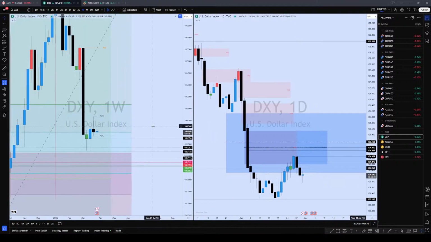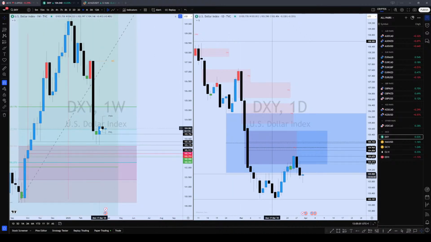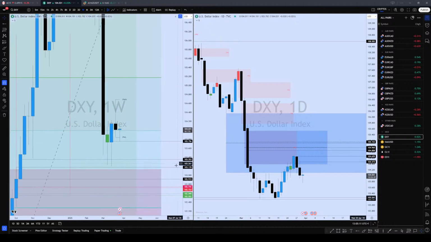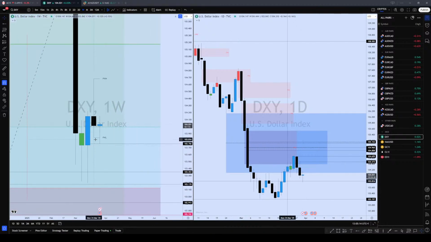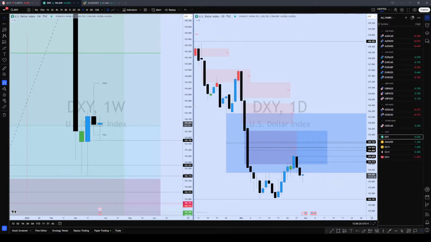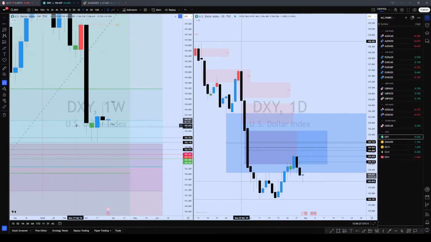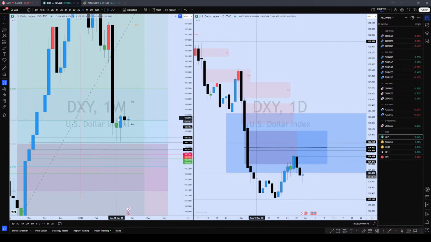Looking at how the weekly is shaped, I think last week I mentioned that if we end up rejecting the high, then there's a high probability they will take out a weekly low, which they have here, but I'm expecting it to continue going lower, because based on this big candle, I'm seeing a continuation to the downside. So this candle might be just redistribution, and then we continue going down.